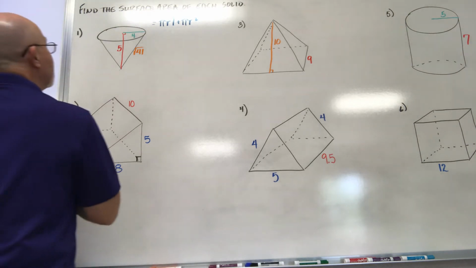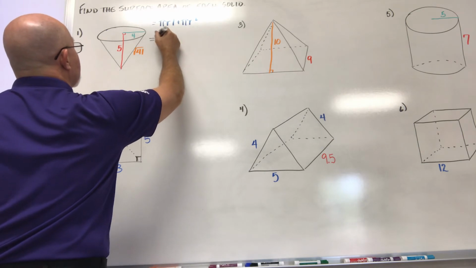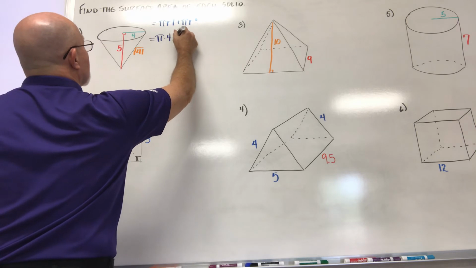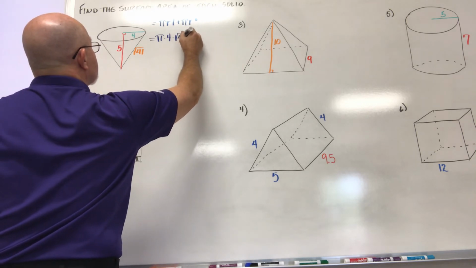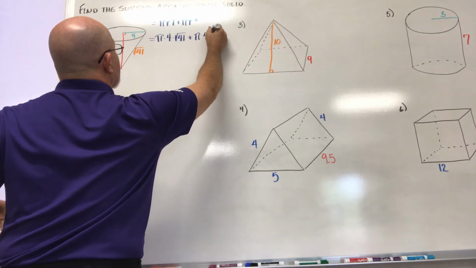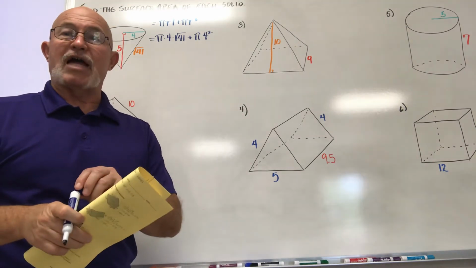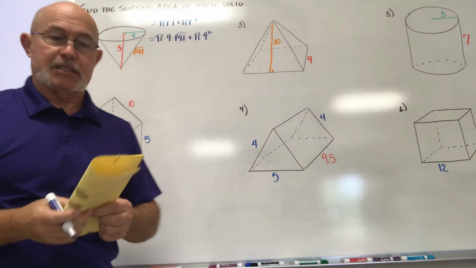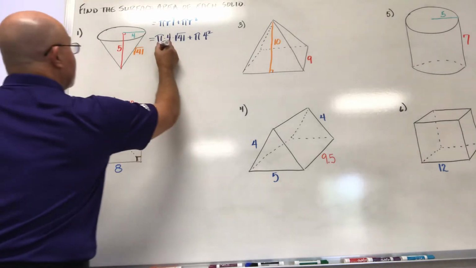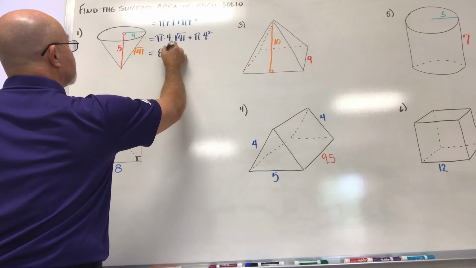So we have pi times 4 times radical 41, plus pi times 4 squared. Folks, if calculators were designed for anything, it's this. Plug these numbers in. This one is going to end up being 80.5.